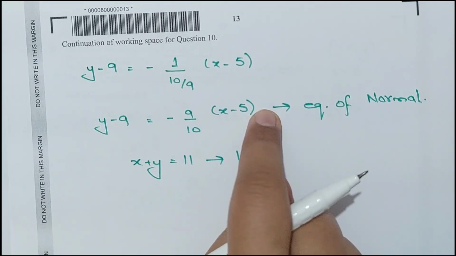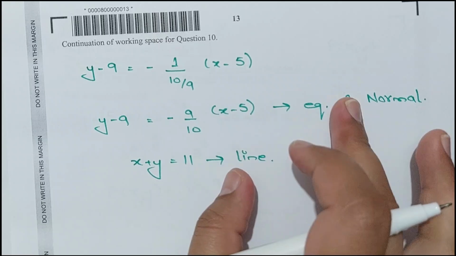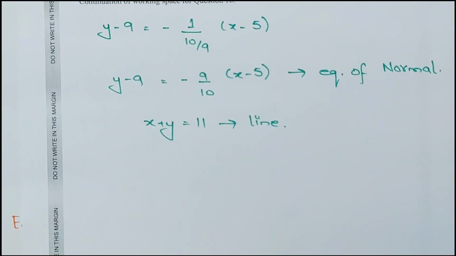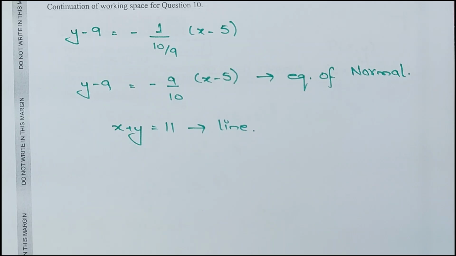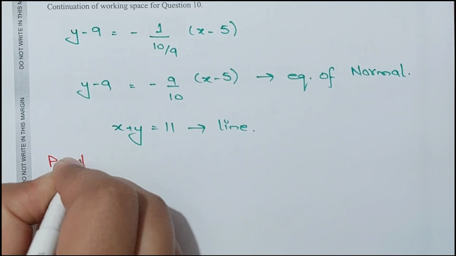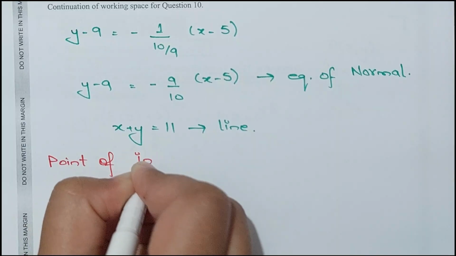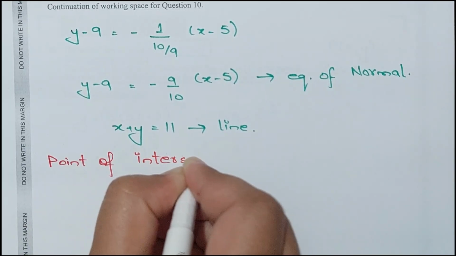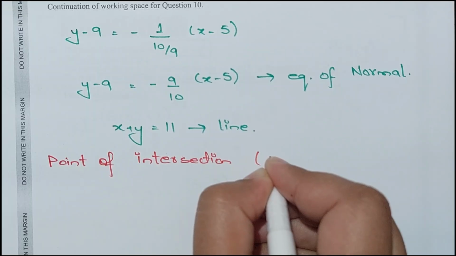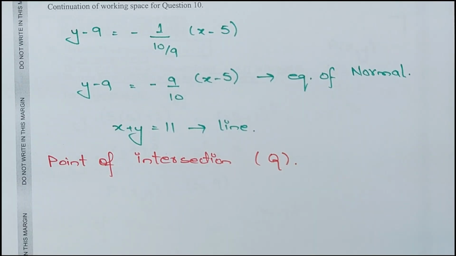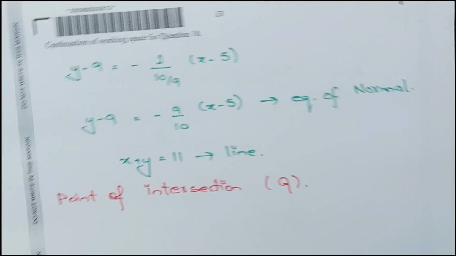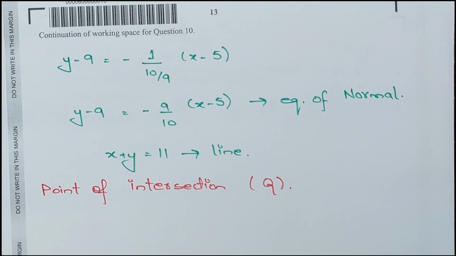The normal to the curve at point P and the line intersect at point Q. So let me find their point of intersection, which is basically the point Q. Let's find the x and y coordinates.